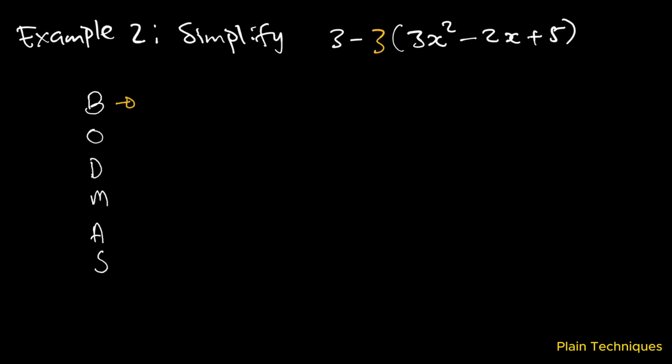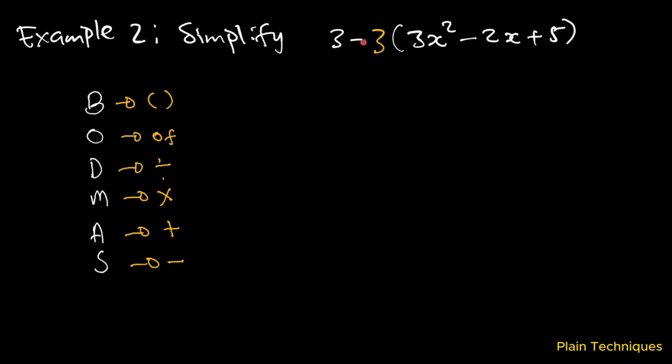The first letter means brackets, the second one is of, the next one division, the next one M for multiplication, and then the next one for addition, and then the last one is subtraction.